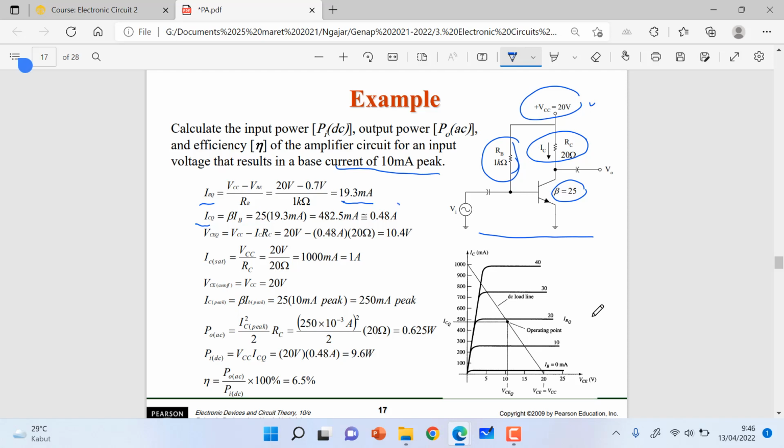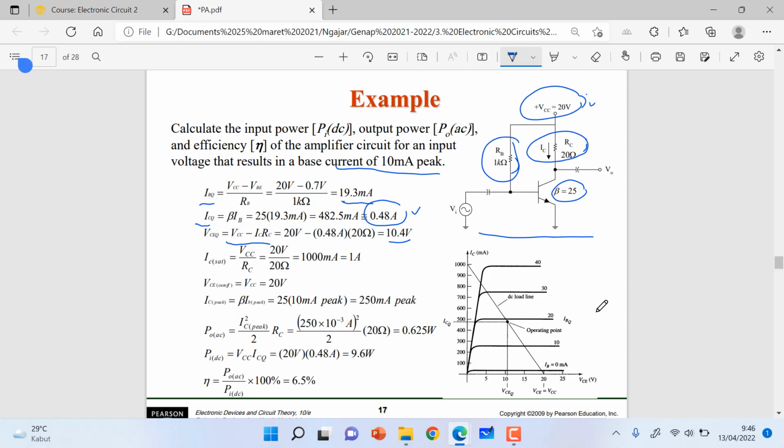So we can get that IC Q is 0.48 ampere. And then VCE Q is VCC minus IC RC. VCC is 20 volt, IC is 0.48 multiplied by RC is 20 ohm. So we can get that VCE Q is 10.4 volt.